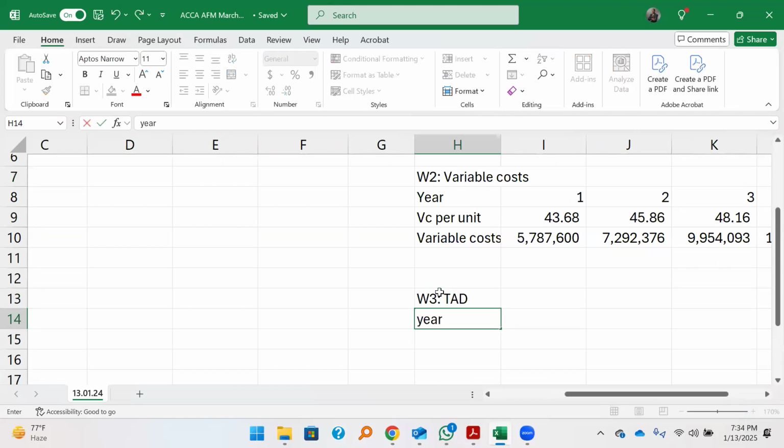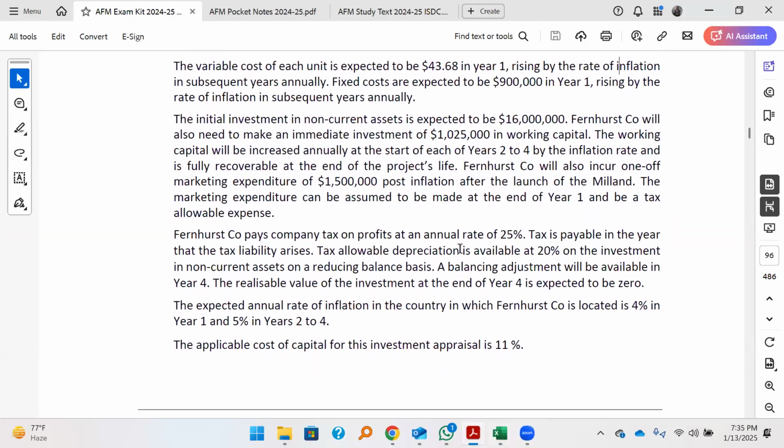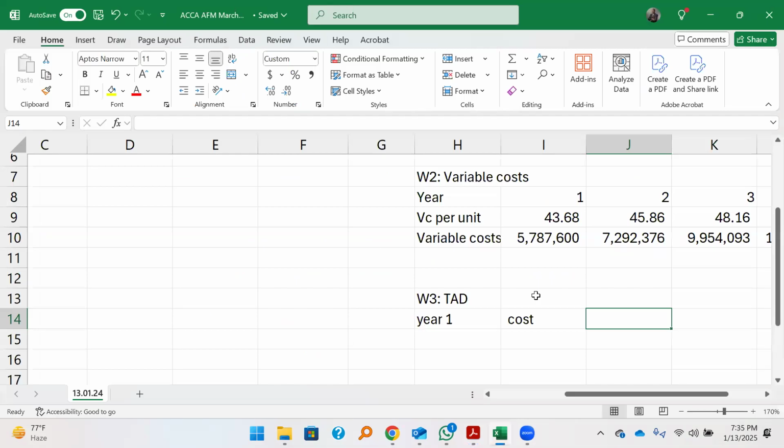Okay, so we have year one. What's the cost? Remember, they told us that depreciation is 20% reducing balance, and it's on the investment, non-current assets, which is 16 million. So the cost is 16 million.